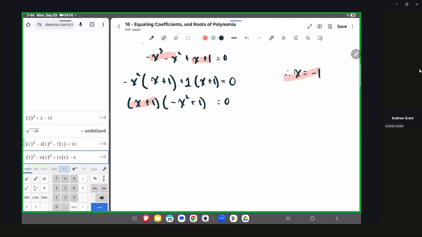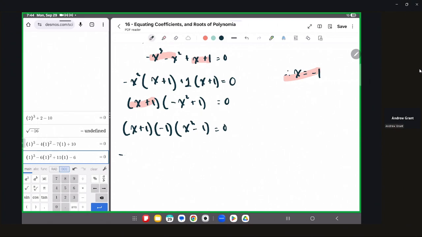Okay, but then we're going to solve this negative x squared plus 1. It looks a little bit odd because typically when we solve this, we like having a positive x squared. So we can actually factor that out. So we're going to factor out the negative 1, and that's going to flip these two signs on the inside to become x squared minus 1 equal to 0.